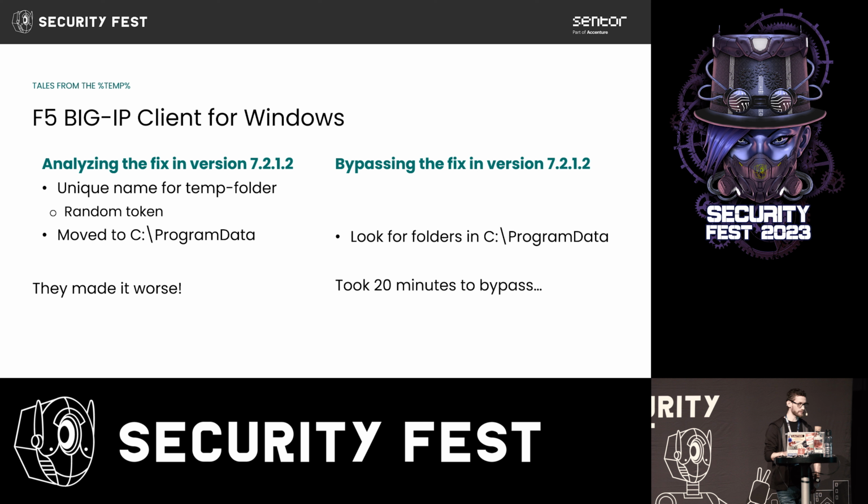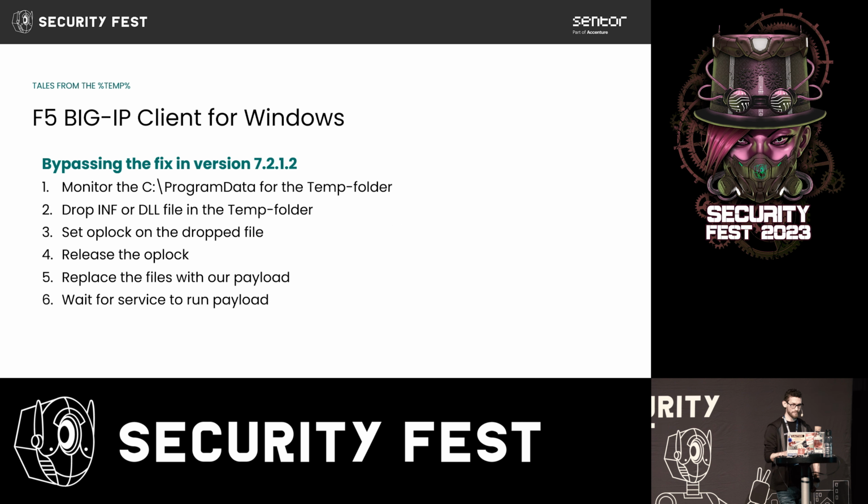So this took about 20 minutes to bypass. You just monitor files within the ProgramData folder. When that directory shows up, you just put your DLL there and wait for the service to load it. So that was disappointing. I don't think I even needed to use an oplock.